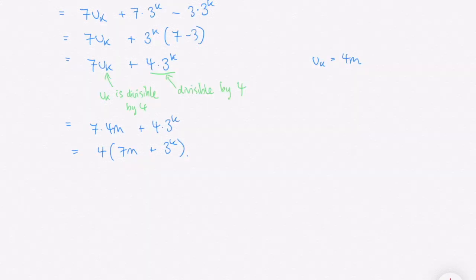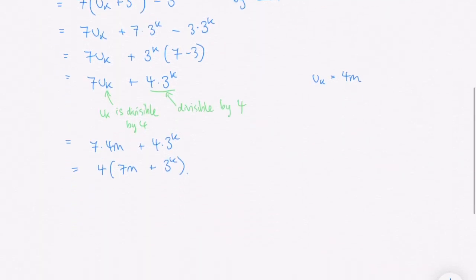It's worth just pointing out here that for this to be divisible by 4, 3 to the k must be an integer. But 3 to the k is an integer when k is greater or equal to 0. So as our base case was n equals 1, k must therefore be an integer greater or equal to 1, we're happy that this is definitely going to be an integer.